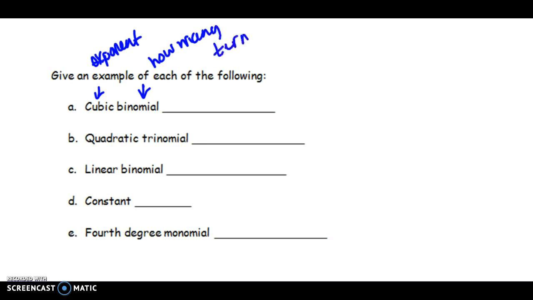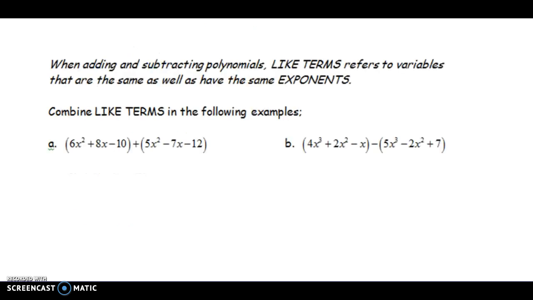Okay, so try those on your own, and then when you get to the bottom, combine like terms. Like terms have to have the same exponents. Be very careful on any ones that you see subtraction, because that negative has to be distributed.